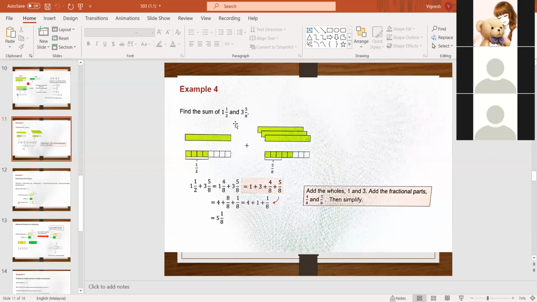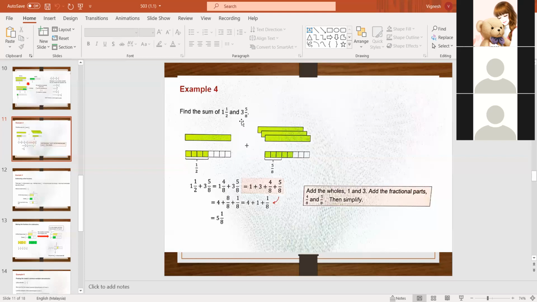Yes, 4 over 8. So 4 over 8 is the new bar model. Can you all see here? 4 parts are shaded out of 8 here. And then here, no changes, because 3 is the whole and 5 over 8: 5 parts are shaded out of 8 parts.